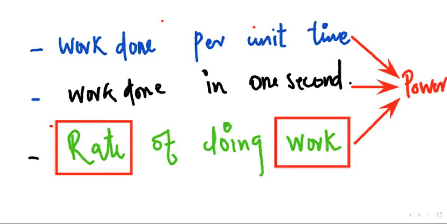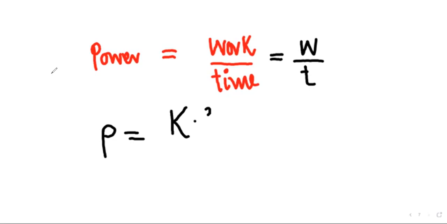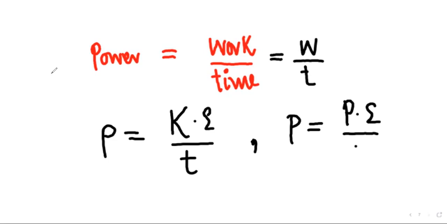And the formula for power is work W divided by time T. So work can be in the form of kinetic energy, the amount of kinetic energy in a particular amount of time, and similarly potential energy over time.